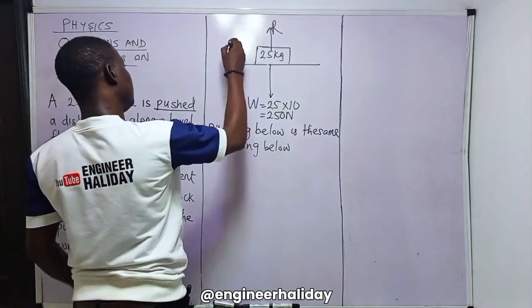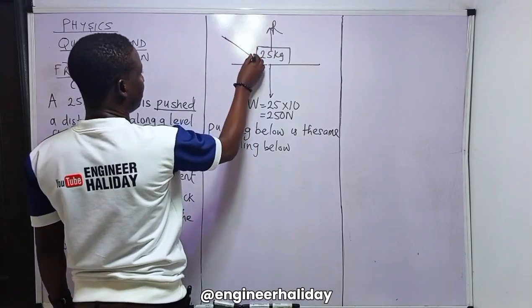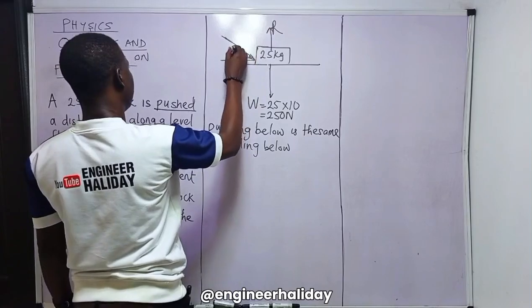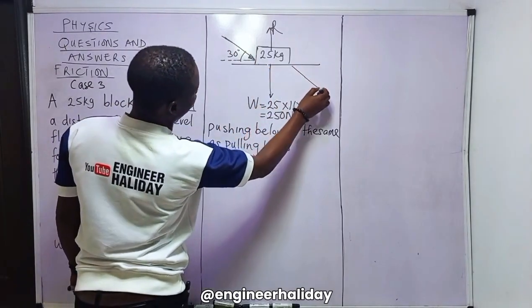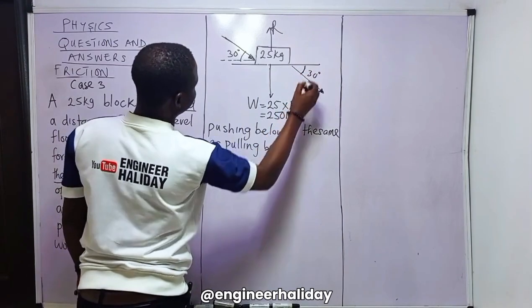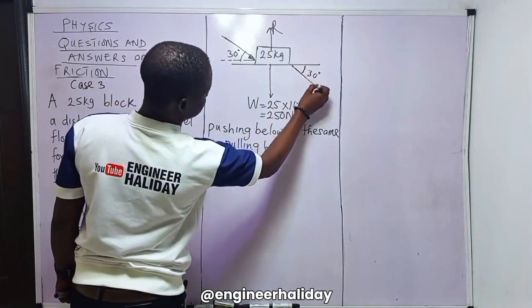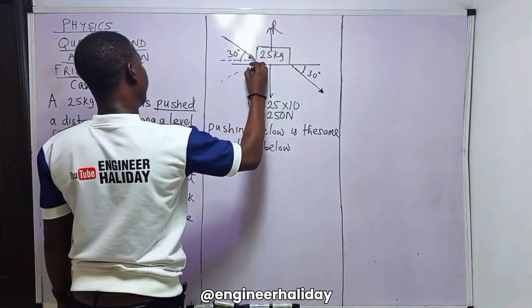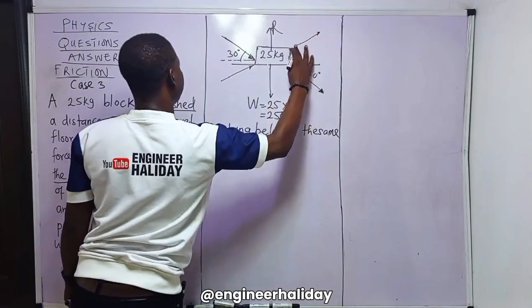So this one is pushing below, at an angle of 30 degrees. Pulling below and pushing below, that is, below the horizontal, is the same thing, while pulling above and pushing above is the same thing.